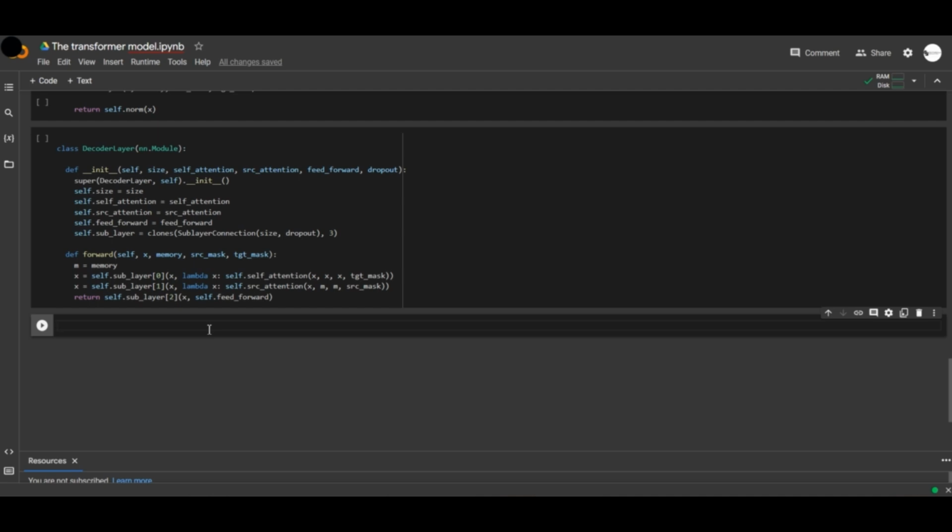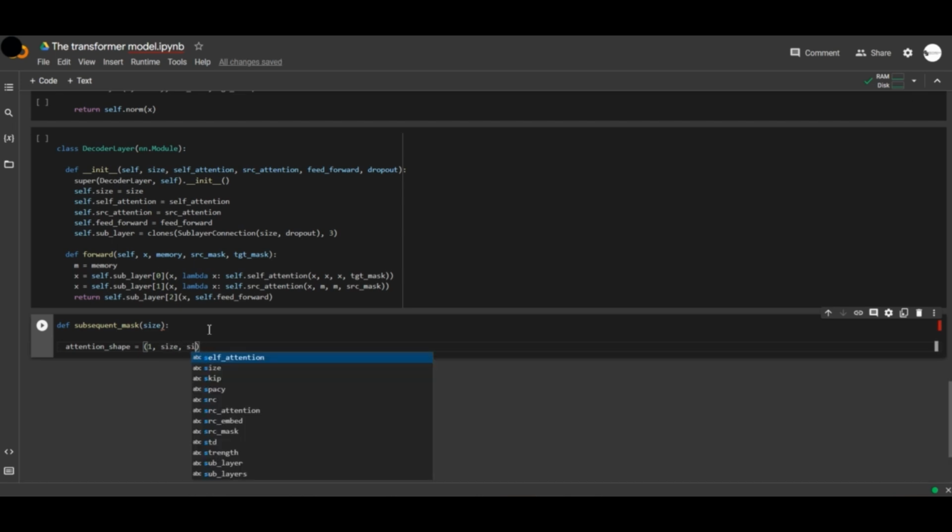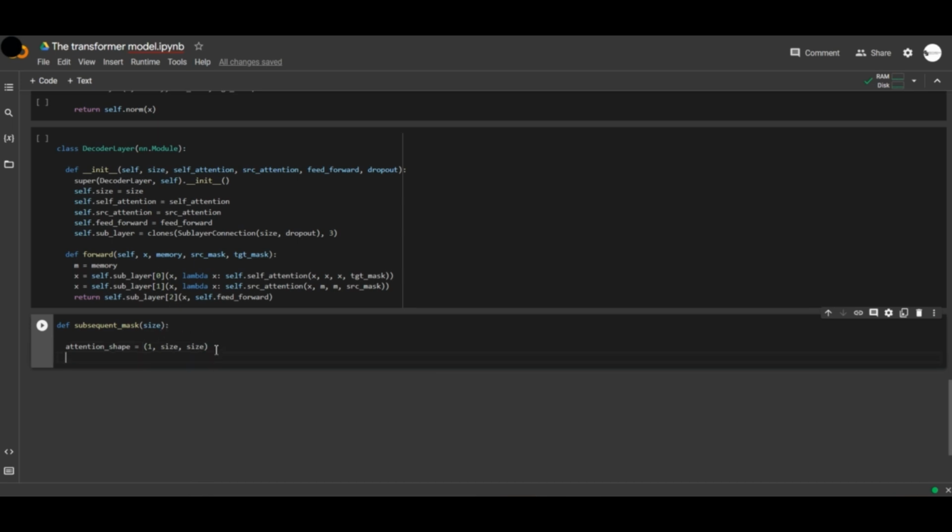From the code, we have this function called subsequent_mask, and I'm going to explain everything here. We take the size, then we say attention_shape equals (1, size, size).